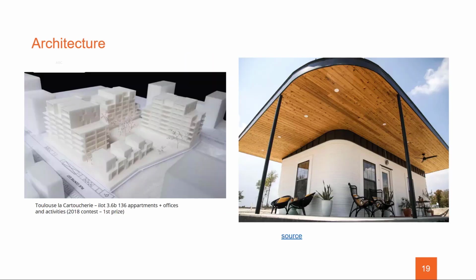Okay. Now let's look at architecture. So there's a 3D modeled building, okay, and this is completely 3D modeled, like here that people can live inside. It's actually done within a particular country. The source is here. Okay, everything 3D printed, like this whole structure 3D printed.